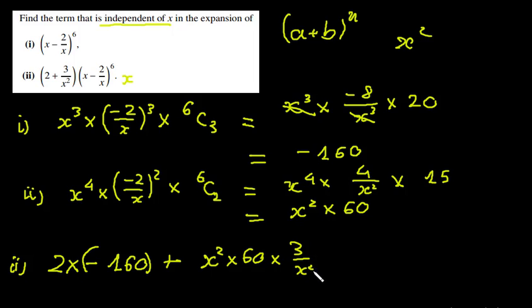They will cancel each other, so it equals minus 320 plus 180, which is equal to minus 140. That will be our answer.